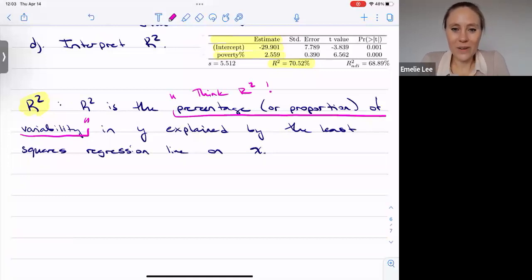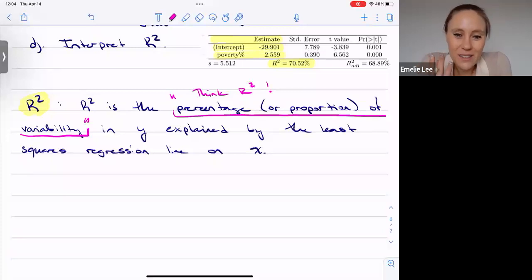Because it becomes this wordy definition: R squared is the percentage of variability in Y explained by the least squares regression line on X. But as soon as you hear percentage of variability, your mind goes, oh, that's R squared.